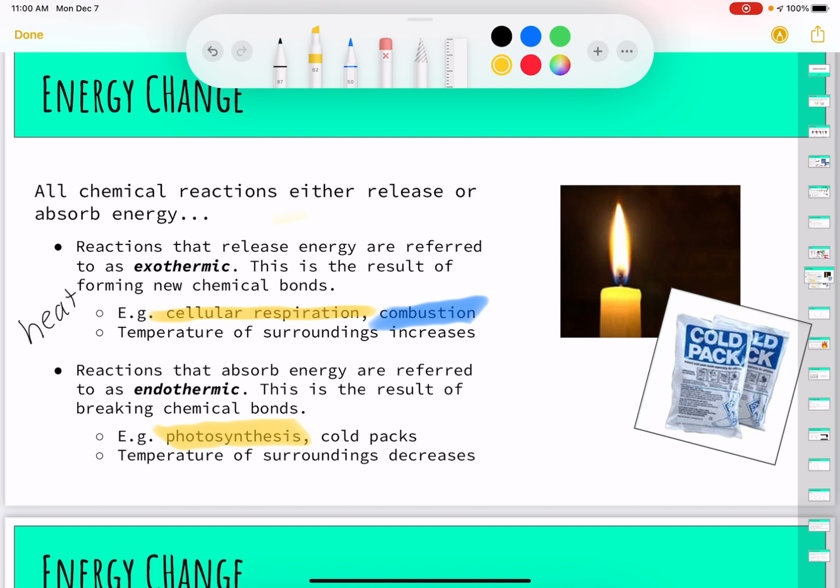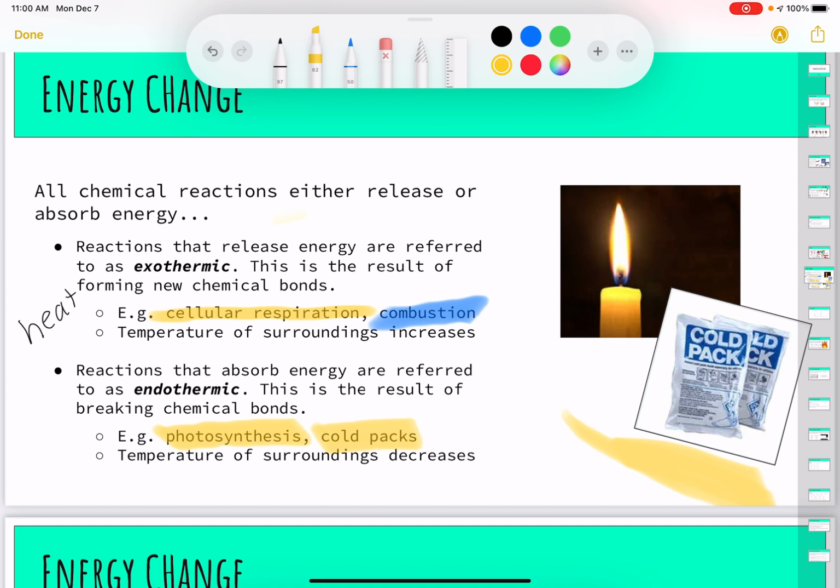And then cold packs. You might know what those are. We have these in the class. Cold packs are basically two pieces inside, and when you break the pocket that they're in, those two chemicals will mix, and that mixture is going to take in energy from the environment, and by taking in that energy, the temperature is going to decrease.